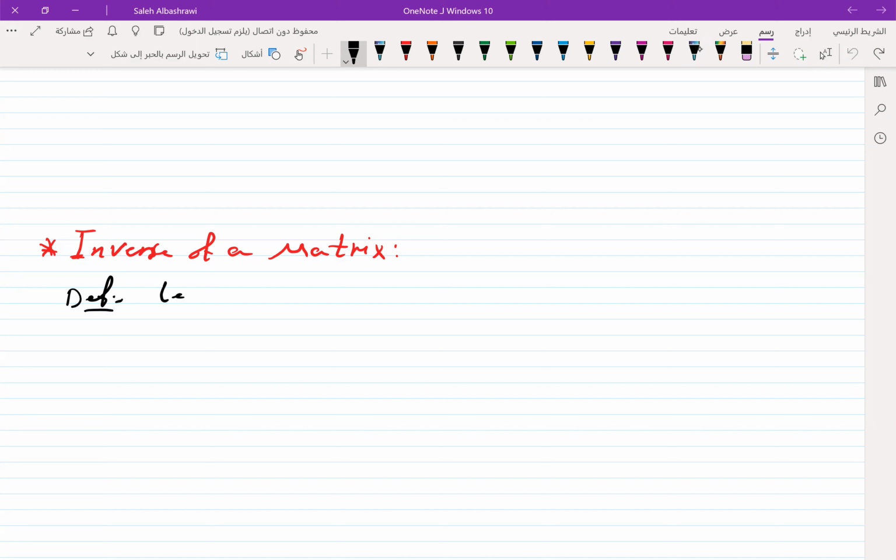Suppose that we have a matrix A, an n by n matrix.